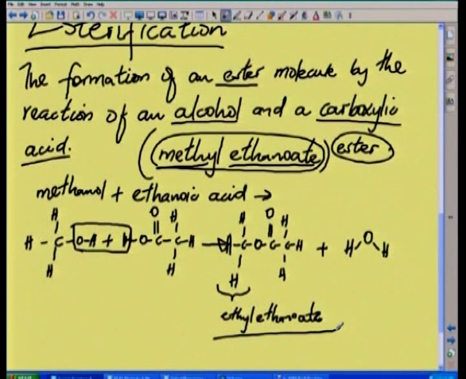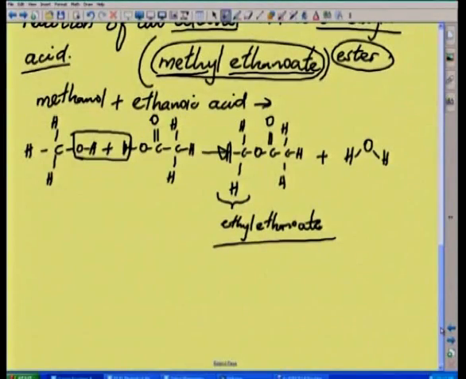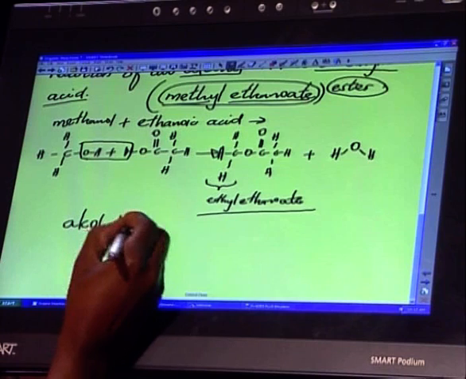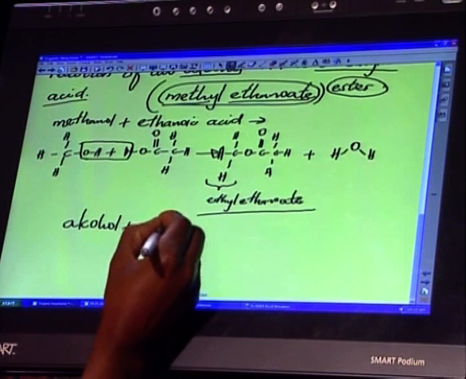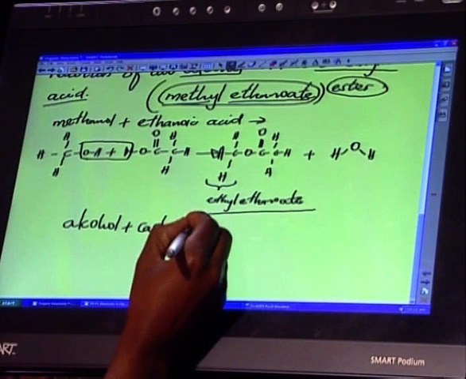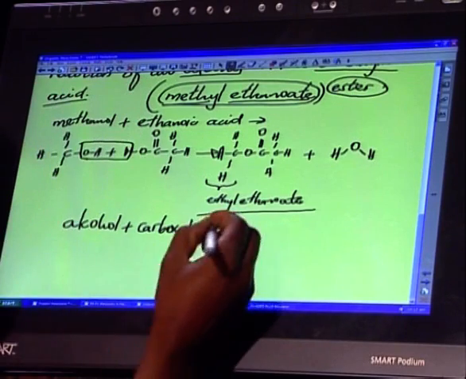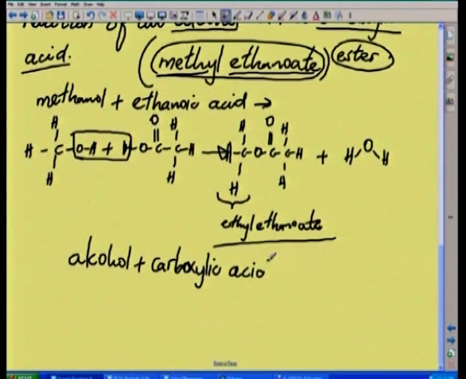Okay? Now, basically, you would say that the formation of an ester is a reaction between an alcohol plus a carboxylic acid, and that should give you the ester and water.